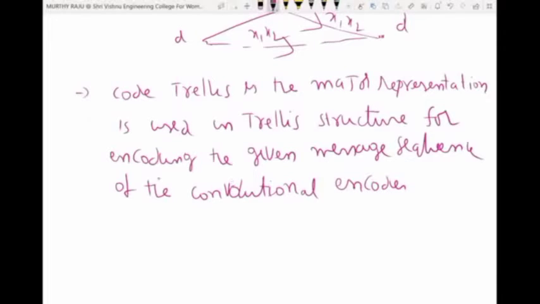Code Trellis is the major representation used in the Trellis structure for encoding the given message sequence of the convolutional encoder.